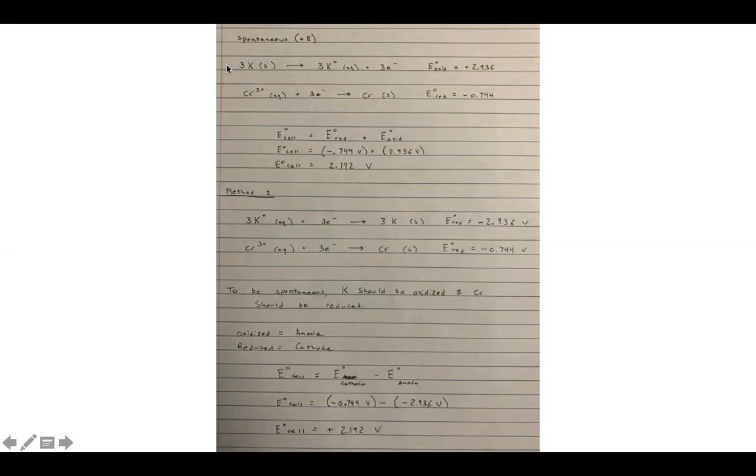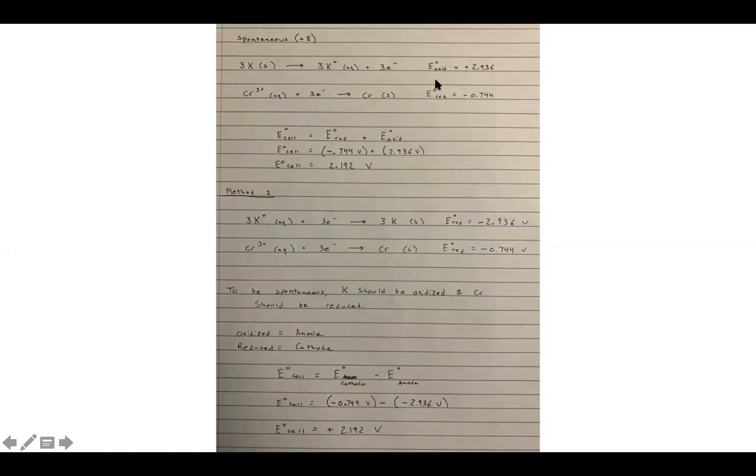And you'll notice when I flipped my potassium half reaction, I put the oxidation potential here, and I changed the sign. It's no longer negative 2.9, which was the reduction potential of potassium plus. It's the oxidation potential of potassium solid, and so it's now a positive value.